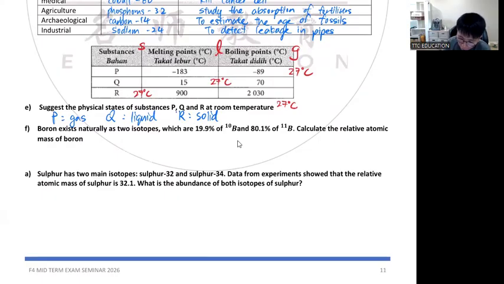You take the percentage, multiply by the mass, plus the percentage, multiply by the mass, then divide by 100. Okay, so you do the maths for me. Try to do the calculation and give me the answer in one decimal place, because they give you one decimal place for the percentage, so your answer should be in one decimal place also.